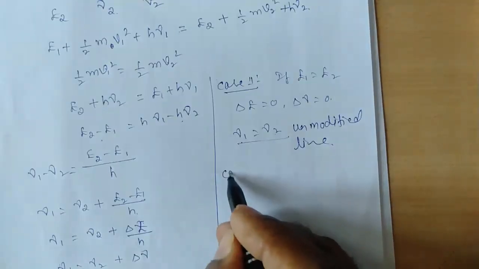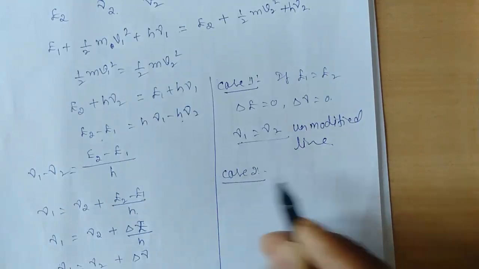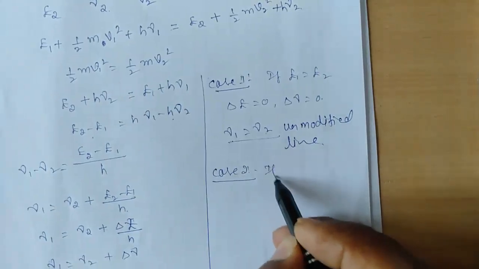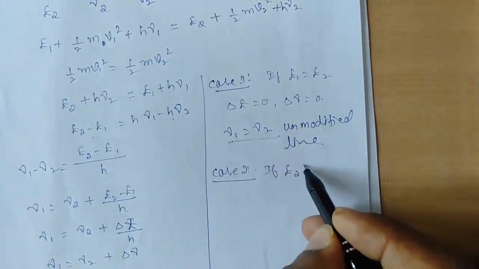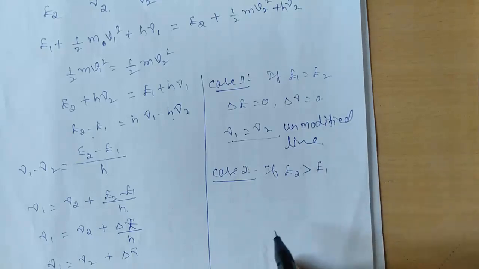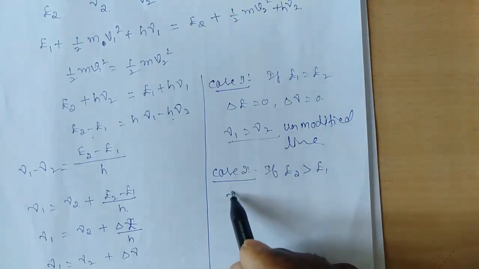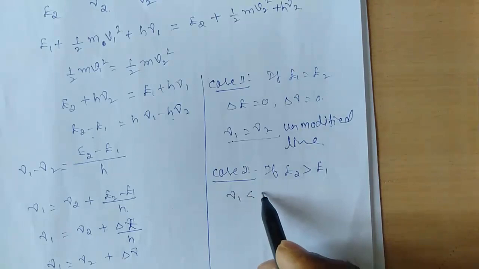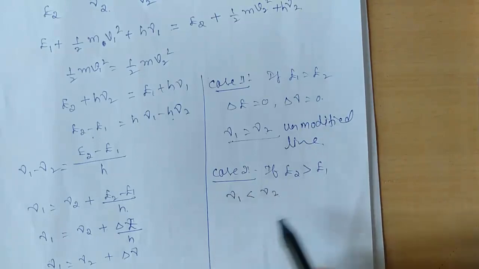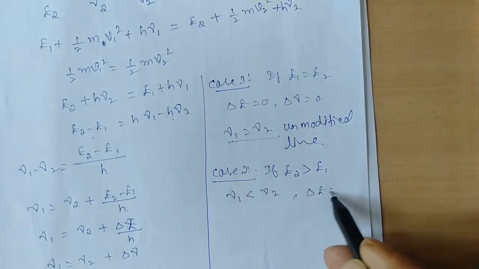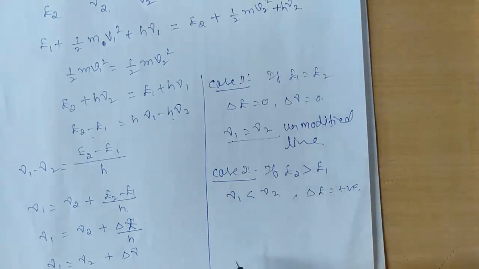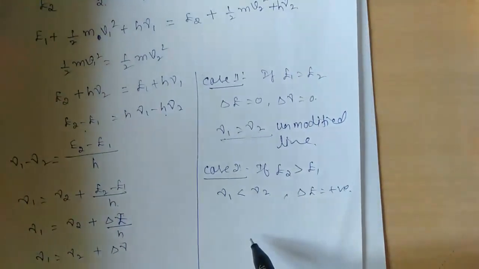Now let us look into case 2, where if E2 is greater than E1, then what happens? Then nu 1 will be less than nu 2 and delta E will be positive. Now the molecule gains energy from the photon and jumps to the higher energy state E2.